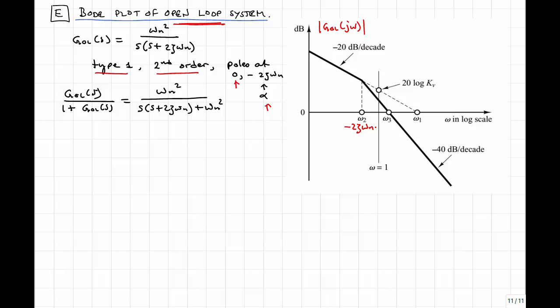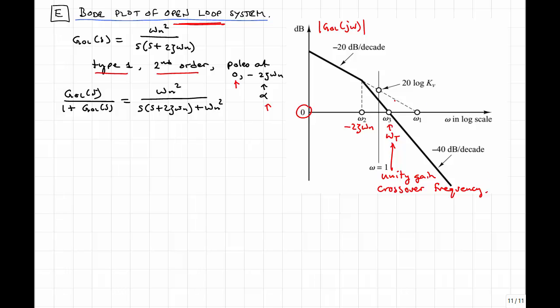Omega 3 is a frequency of interest because it is the point where the magnitude plot is equal to 0 dB, or 1. This I will call omega t, and it is the unity gain frequency, sometimes called the crossover frequency. It's readily spotted in an open loop Bode plot because it's where the magnitude is 0 dB, or unity.